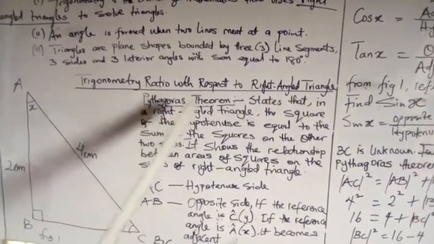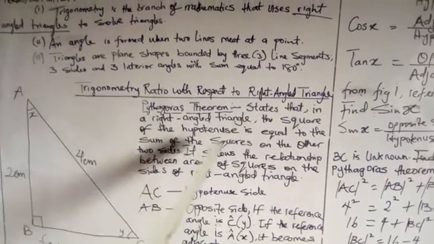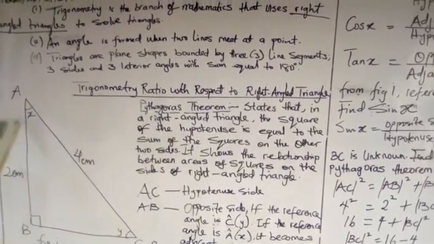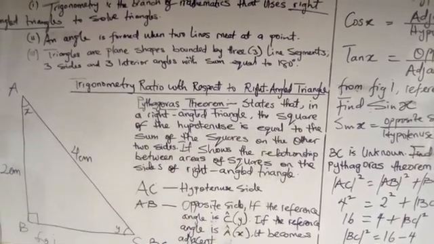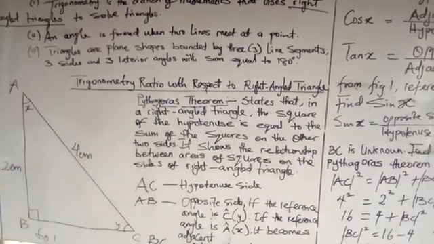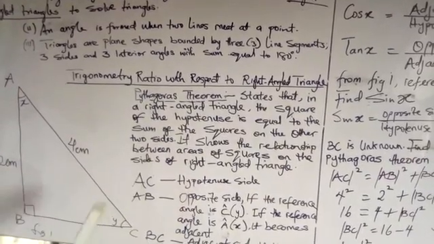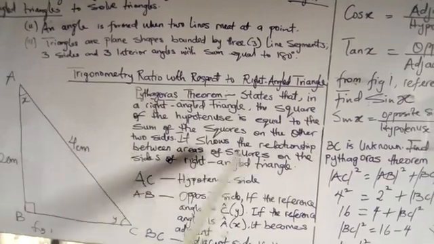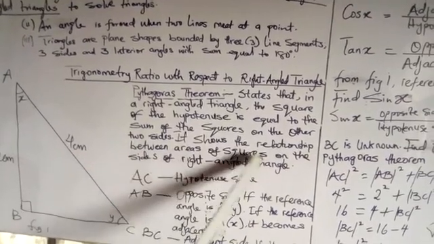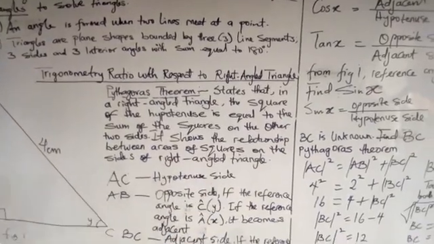And Pythagoras theorem states that the square of the hypotenuse, this AC, is equal to the sum of the squares of AB and BC on the other two sides. If you sum them together, you should have the square of the hypotenuse. That is the rule. It shows the relationship between areas of squares on the sides of a right angled triangle.